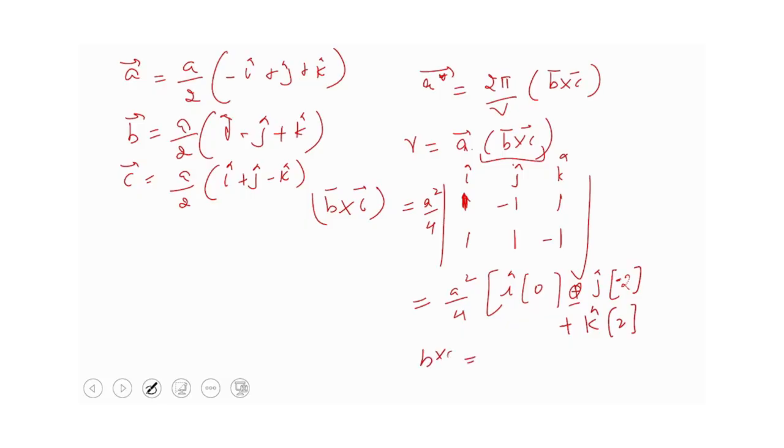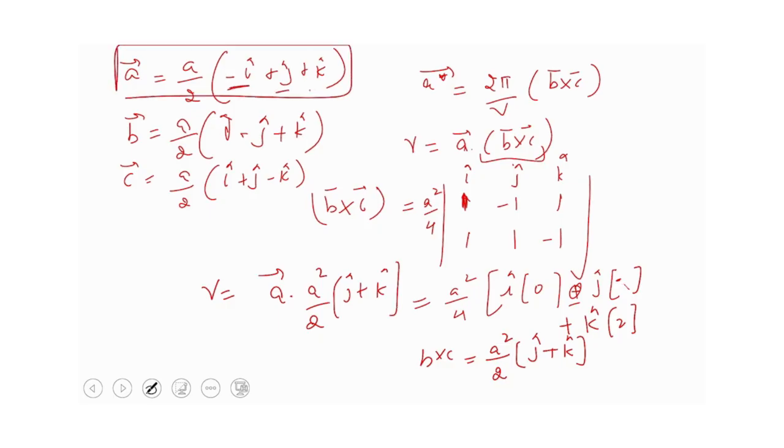So B cross C will come out to be a square by 2 (j cap plus k cap). Then I'll take the dot product with A to get V. In A we have minus i cap, j cap and k cap, so our result will be a cube by 4 times (1 plus 1), which is a cube by 2. So the expression of V is this.